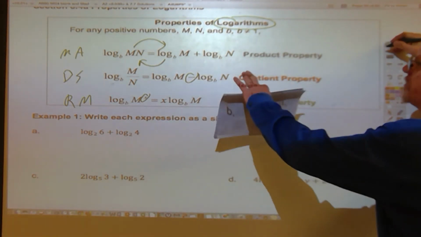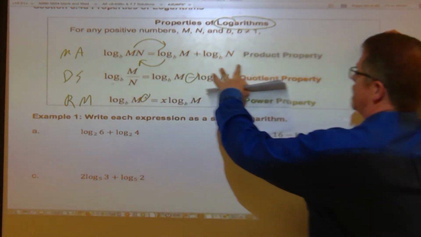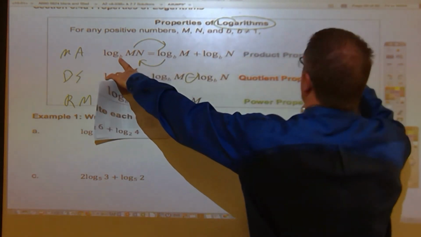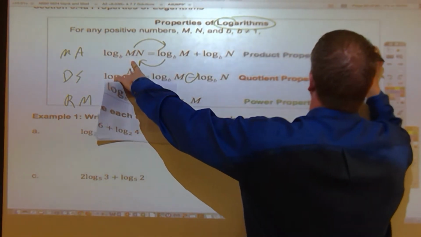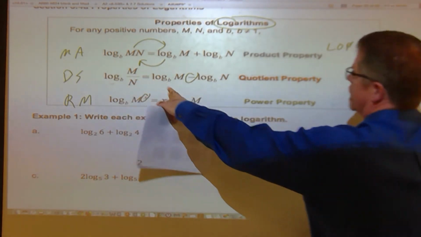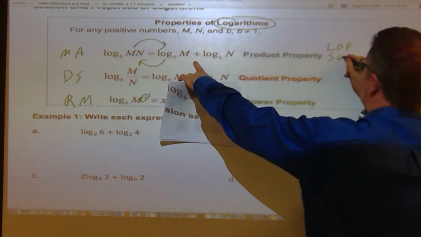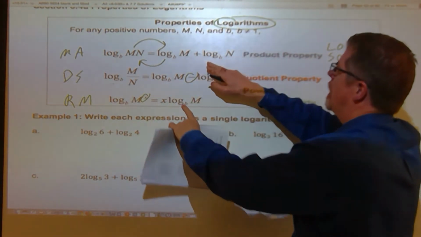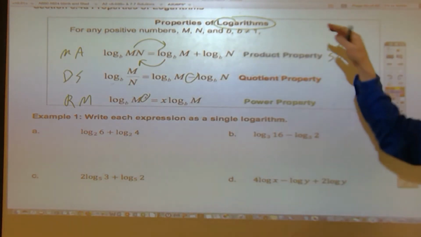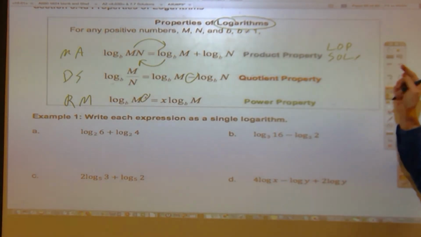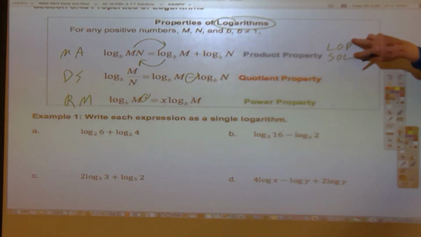This is how I store these equations in my imagination. I go LOP for log of a product, and this is SOL, the sum of logs. A log of a product is the sum of the logs. That's the phrase that's probably going to help you remember this the best.